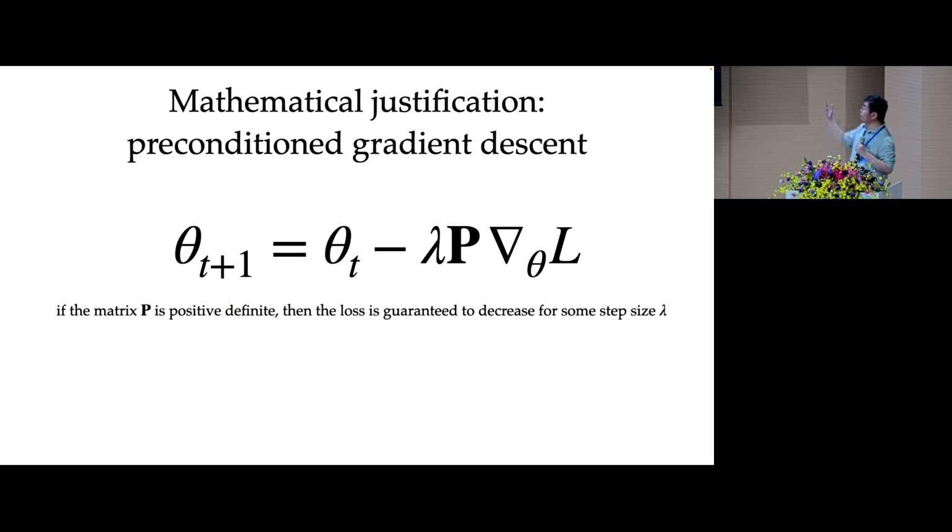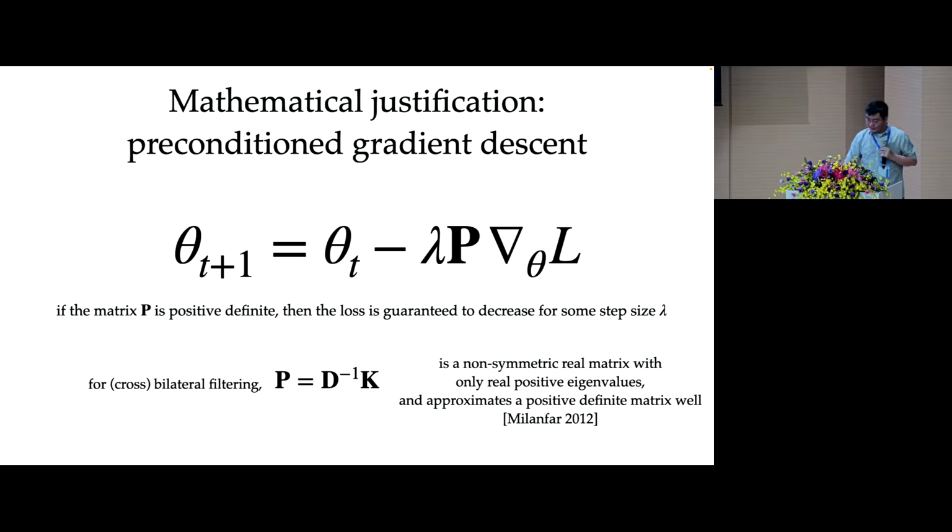One possible choice is for P to be the Gauss-Newton Hessian approximation, but that would be very expensive to compute, and it will not work for noisy gradients. So we need a different kind of P. It turns out that for cross-bilateral filtering, P can be written in this form, where D is the normalization for your filter so that the weights sum to 1, and K is a positive definite symmetric matrix.